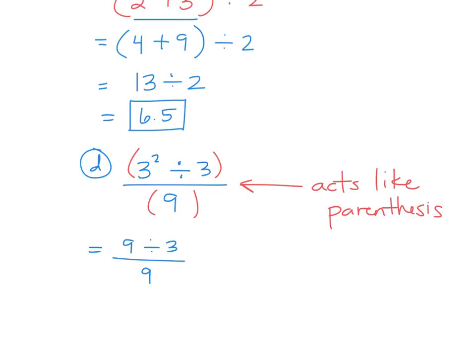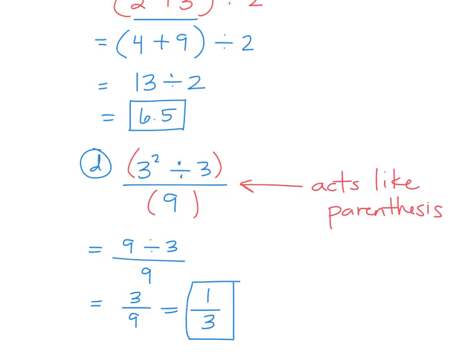We want to keep that top as it is, keep the bottom as it is. So 9 divided by 3 is 3 divided by 9. Okay? And now from here, 3 divided by 9 doesn't make a nice number for us, so we're just going to reduce the fraction. What does 3 over 9 reduce to? 1 over 3. Yeah, you're good. So both are divisible by 3, so your answer would be 1 over 3.